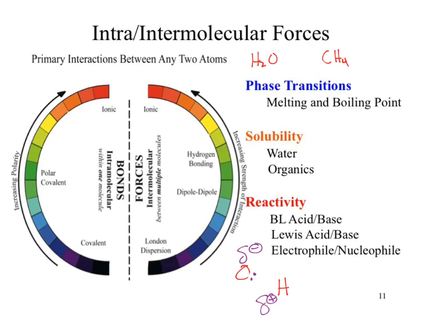What happens with our methane, our carbon and hydrogen bond? The difference in electronegativity is almost identical. So the electrons are equally shared, which means what charge builds on the carbon? None. What charge builds on the hydrogen? None. There is no difference in polarity, no dipole, which means we don't see a strong interaction between that molecule and another molecule.